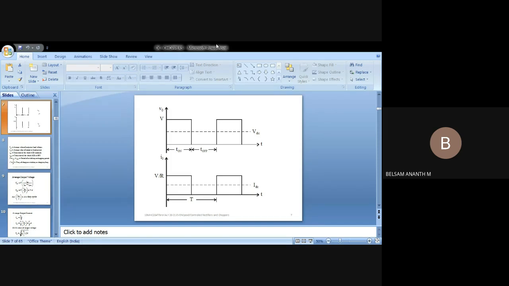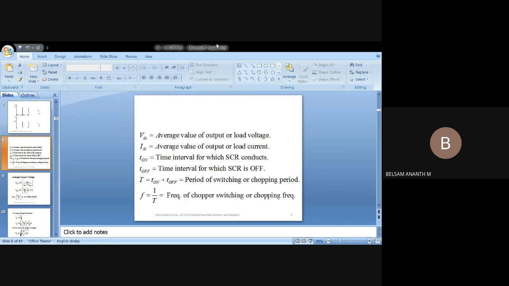Second, as I told you, I equals V by R, as per Ohm's law. In that way we calculate the current and the voltage. So the output voltage across the load and the output current across the load may be plotted. VDC is nothing but the average value of output or load voltage, or DC voltage. ID is the average value of output or load current.